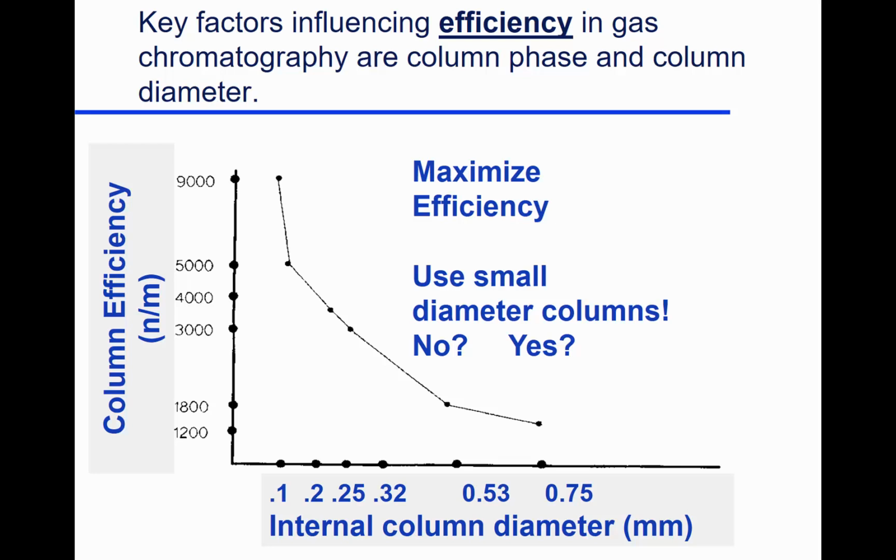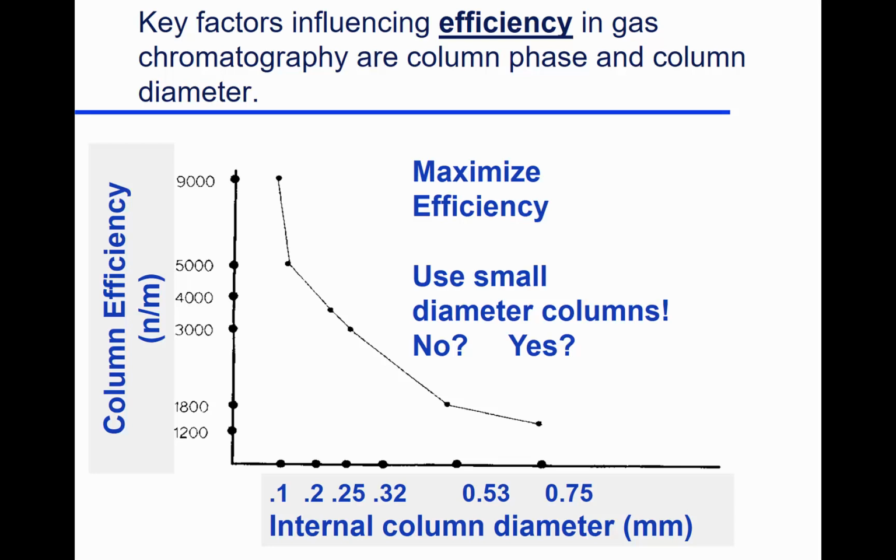They can come anywhere and be nice and sharp, easy to separate from each other when we have a high number. As this number goes down and down and down, our peaks are getting broader and broader. It's hard to separate one from another. They're overlapping. And so we really like to work at higher efficiencies. So that would be out here. The problem is this comes largely through the size of the column that we're using.